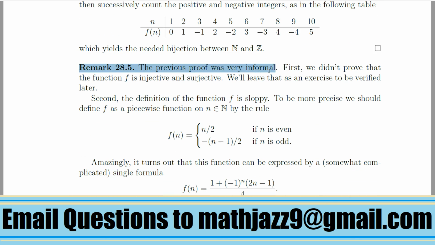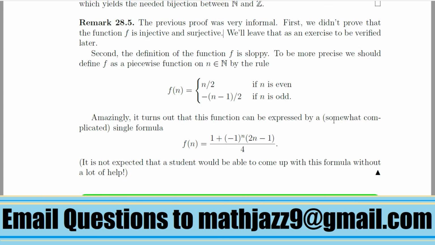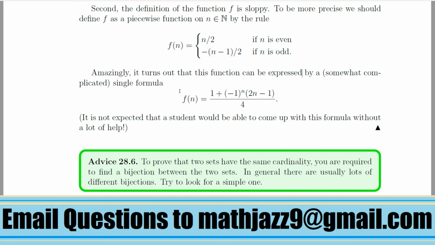Oh, remark. The previous proof was very informal. First, we didn't prove the function is injective and surjective. Well, and here's the equation, the one that we came up with ourselves. Okay, so, ooh, and there's this. That's kind of a neat looking way to write it.